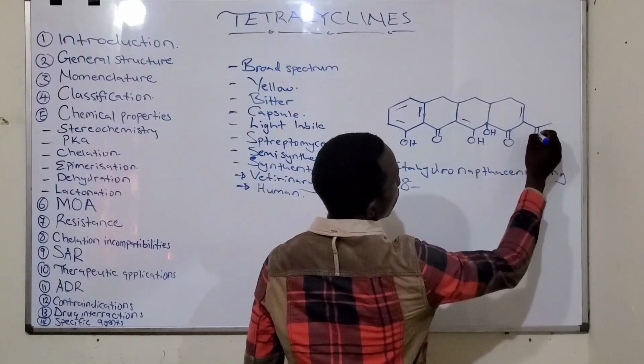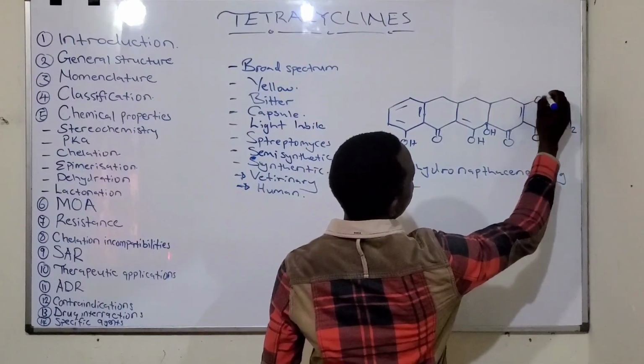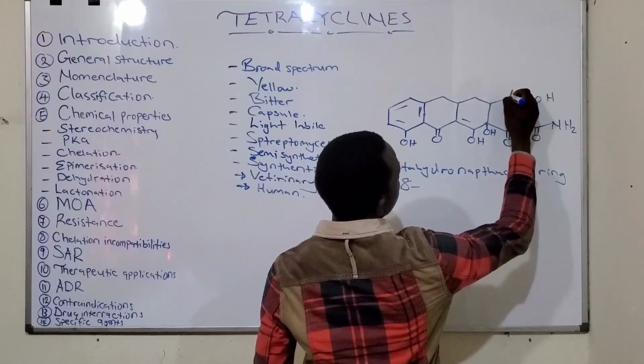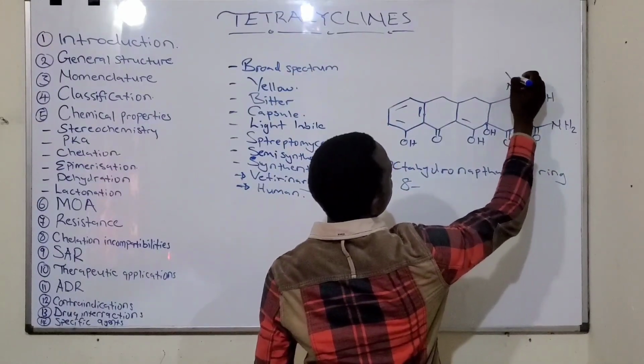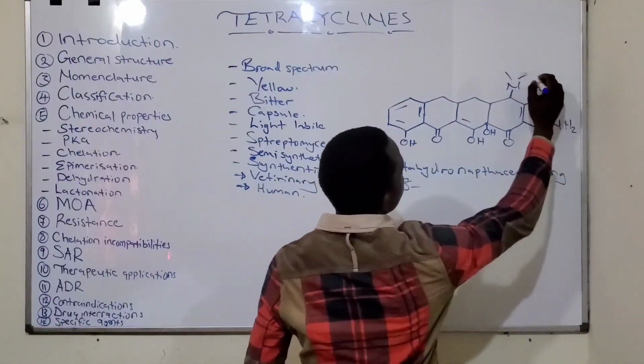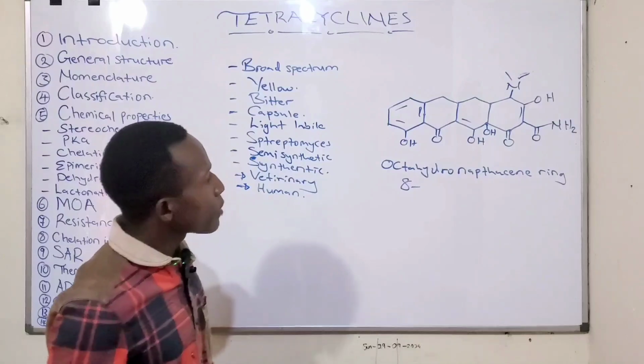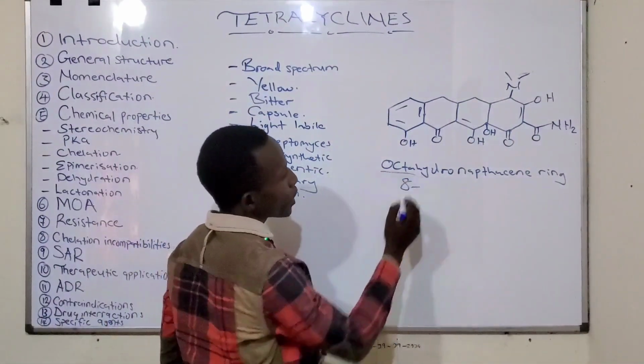Here there is an amide group, OH. Here there is a dimethylamine group. So when you count these saturated carbons, they are 8. That's why it's called octahydro.